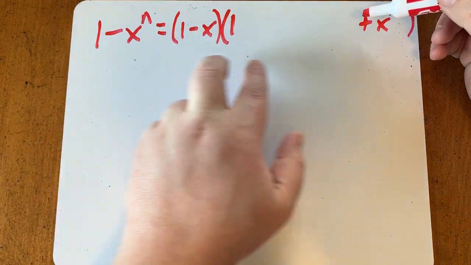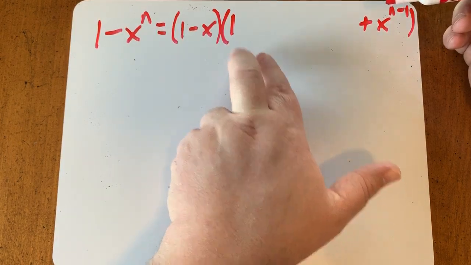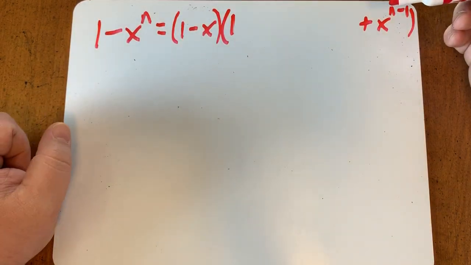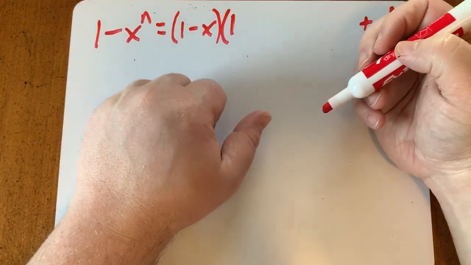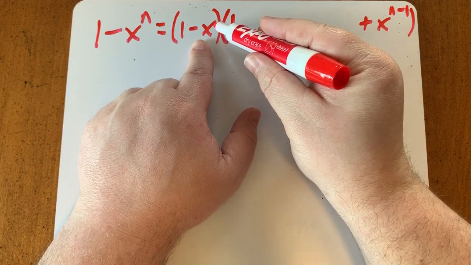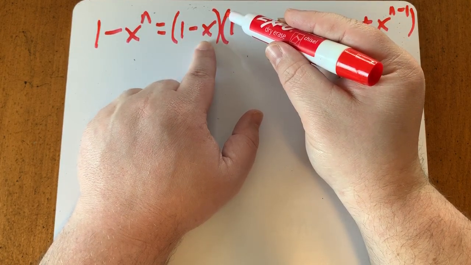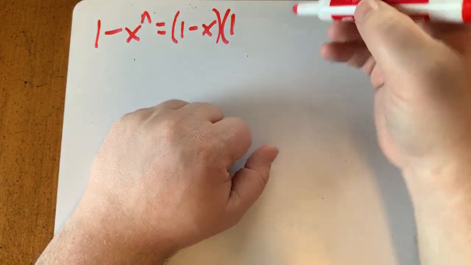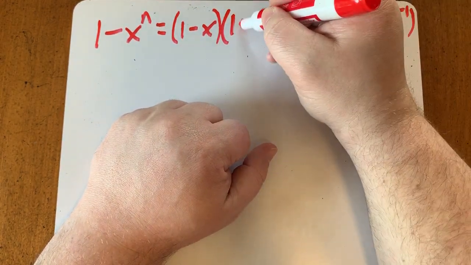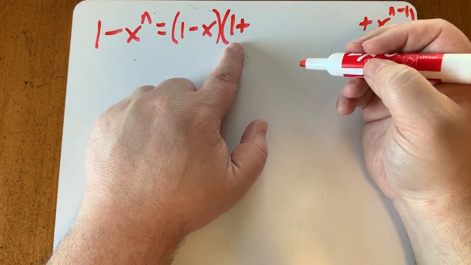But if we just multiply these out, they would have middle terms. So we need it so that all the middle terms will disappear. We'll subtract to 0. Well, we have a negative. When we distribute through, we have a positive and a negative. So in order for them to go away, we need one to stay positive, one to stay negative. So all of these are going to be plus. And if we distribute that, we'll have a negative x.